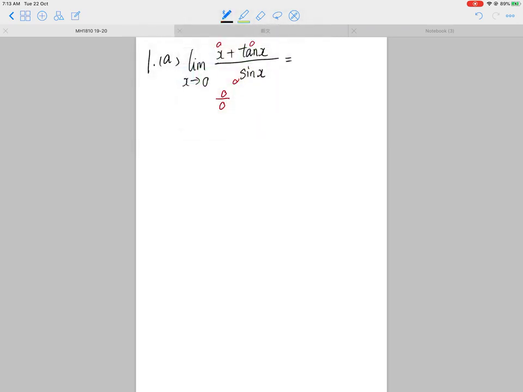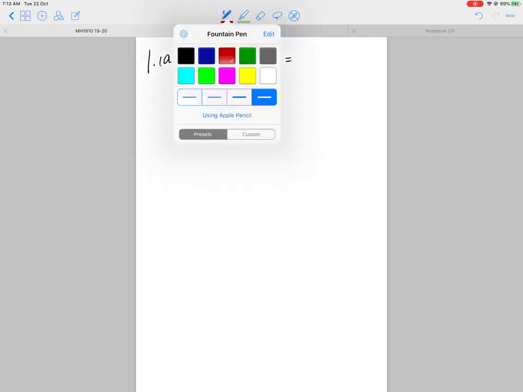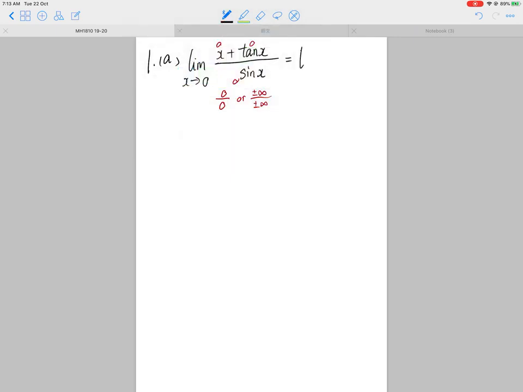In another case, if you sub in, the numerator gets infinity, positive or negative, and the denominator gets infinity, positive or negative, you can use L'Hopital's rule. Then what is L'Hopital's rule?